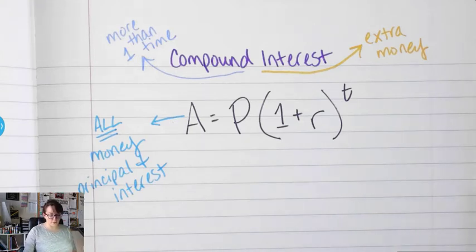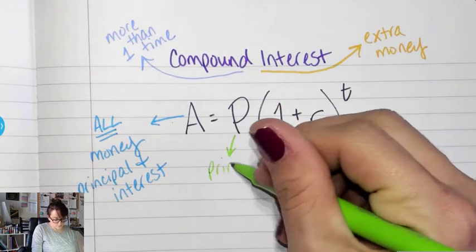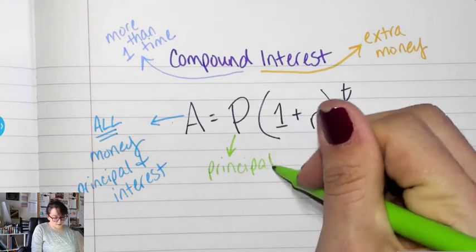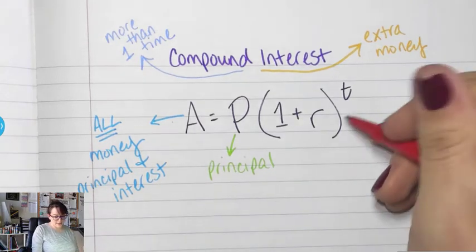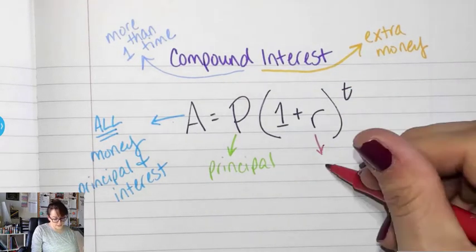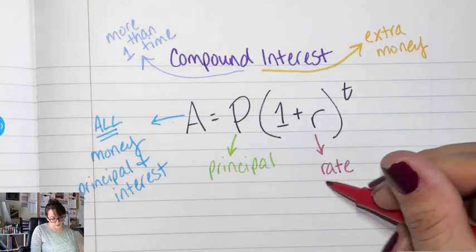P is still principal, just like yesterday. R is still rate as a decimal, which as we know from yesterday, you have to change it to a decimal.